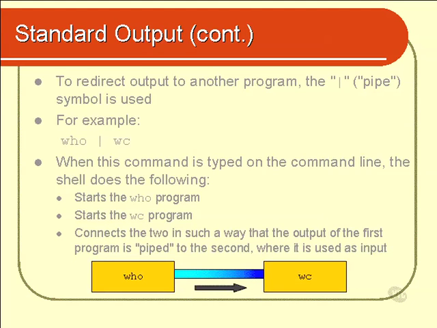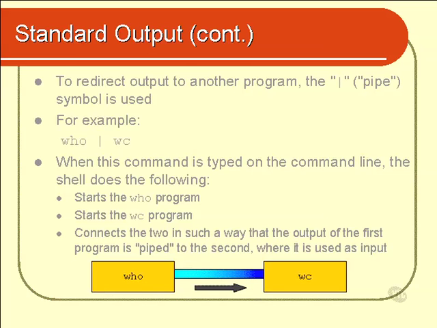You've got one running program, you've got a second running program, and the output forms a sort of a pipe that travels over to the second program where it's used as input. That sort of blue line across there you can think of as almost like a water pipe where the information flows from one program to the other.